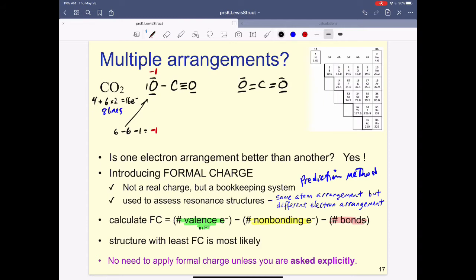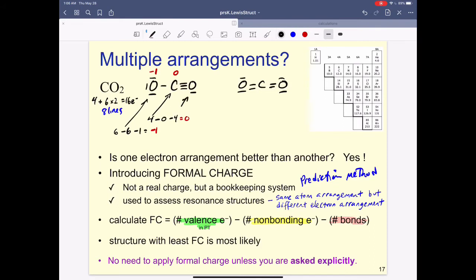The carbon in the middle. Carbon has 4 valence electrons in the periodic table. There are no unshared pairs on that carbon, and there are 4 bonds. As a result, we'll have a formal charge of 0.